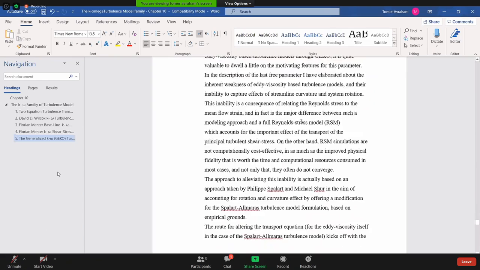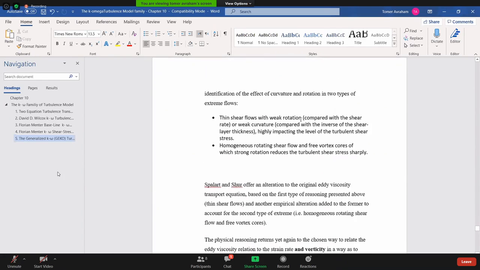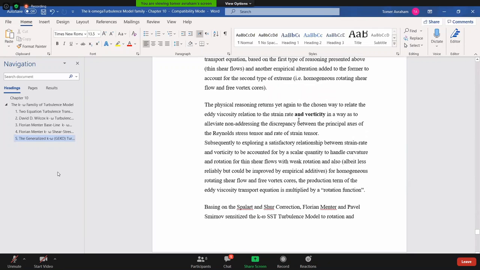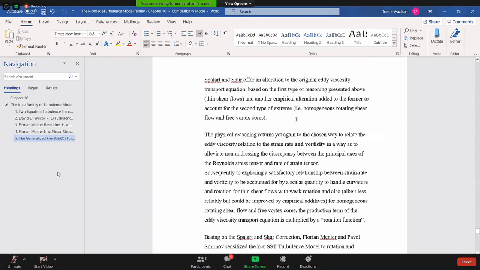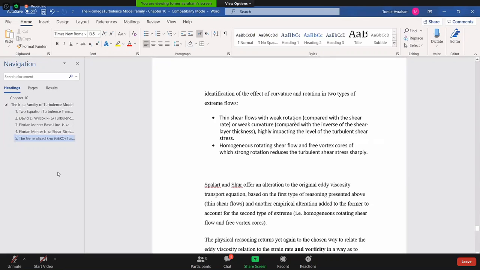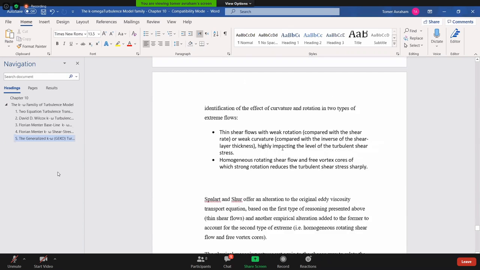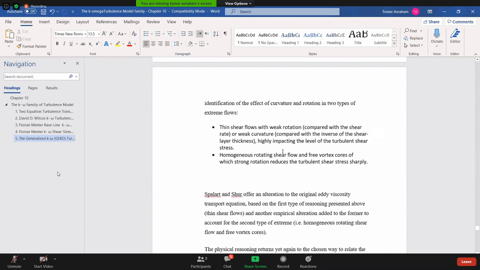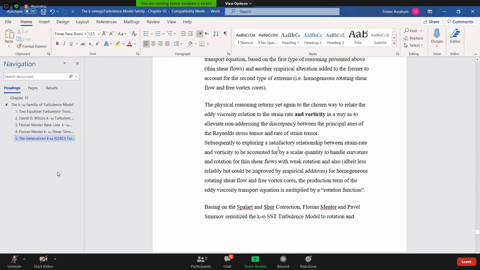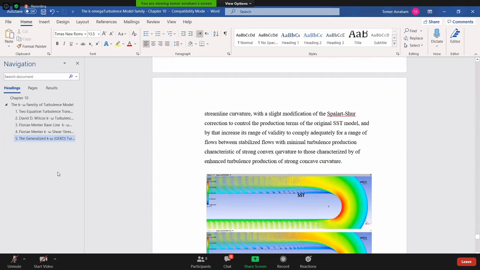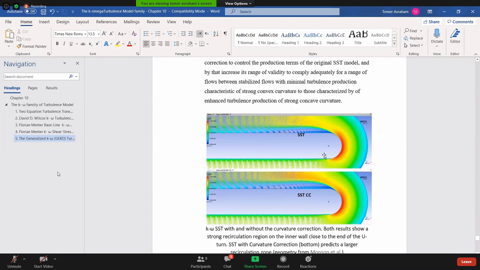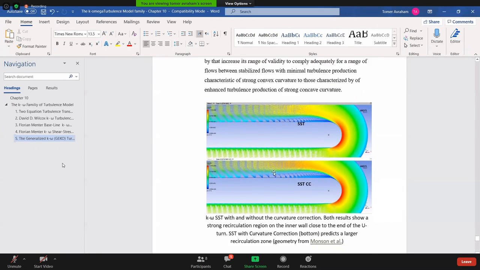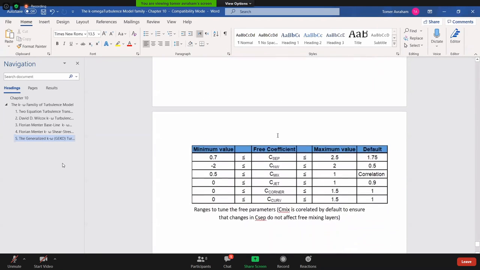So no, you cannot use it. The curvature correction is actually based on the same curvature correction which is in the Spalart-Allmaras model. It's the Shur-Spalart curvature correction, and we have nothing more than that.